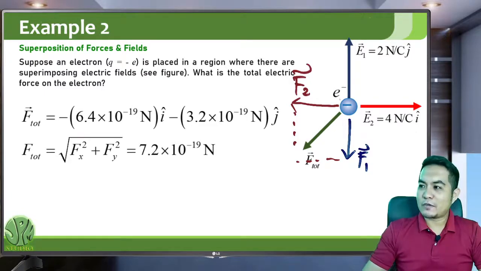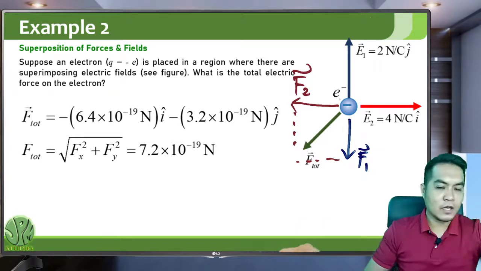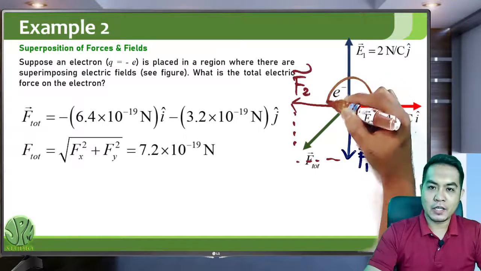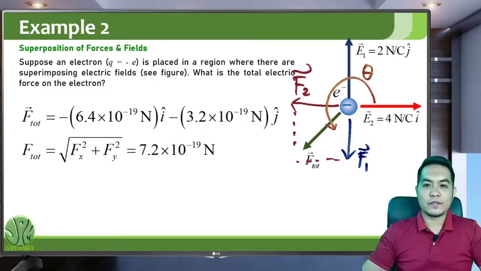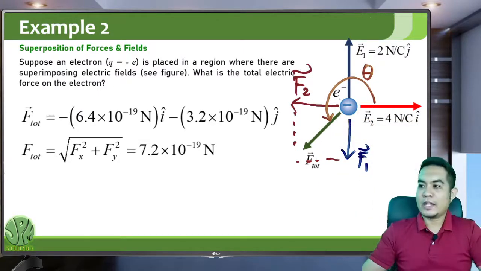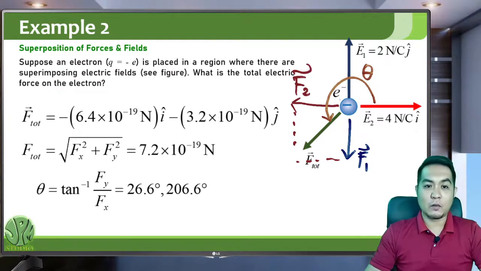If you were asked for the direction theta of this vector, so the direction of this total force vector is just this direction. We usually measure our direction or angle from the positive x-axis and then counterclockwise. So this is our direction theta. And we can obtain theta by just taking the tangent inverse of the y component over the x component.